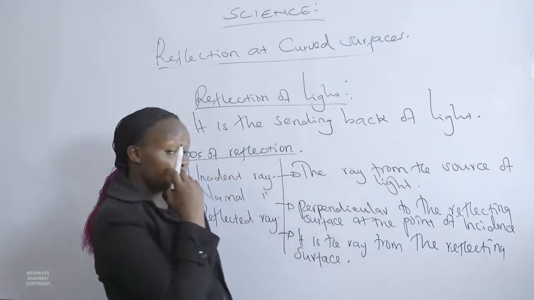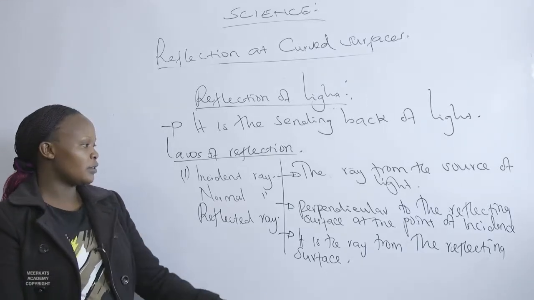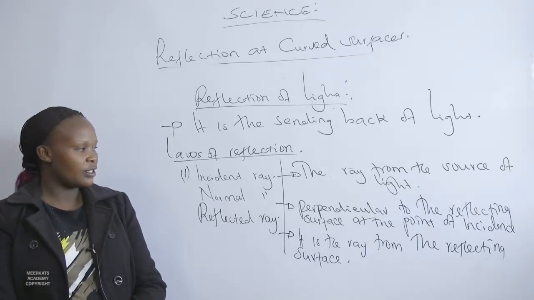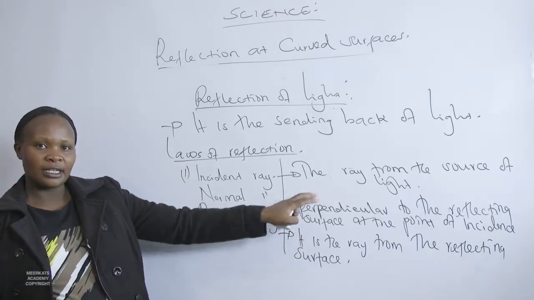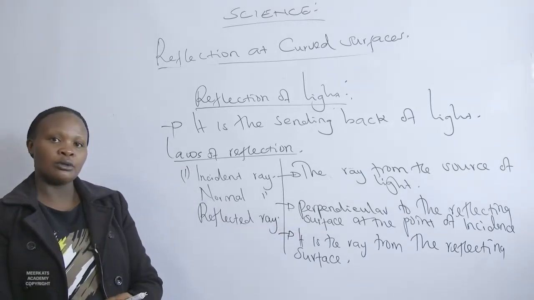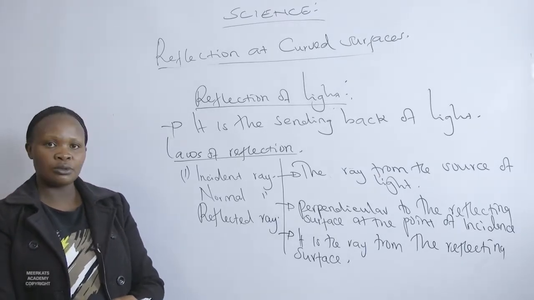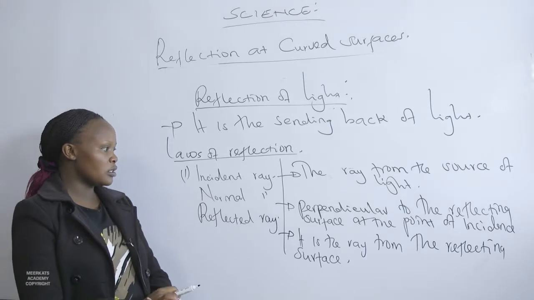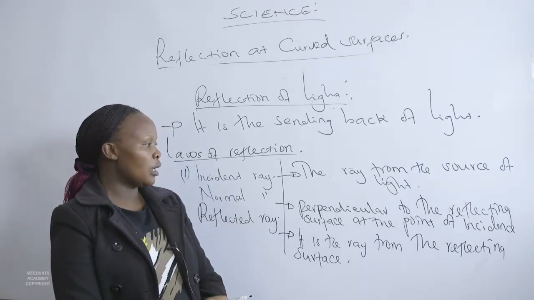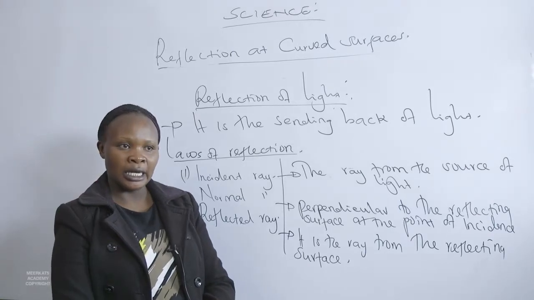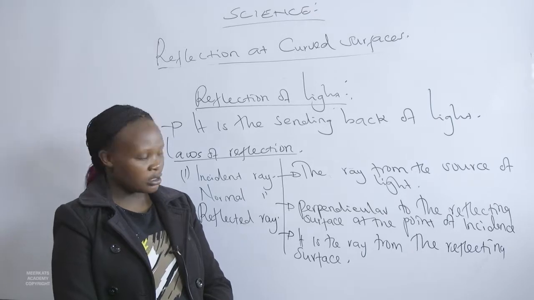In this case, we took our plane mirror to be our reflecting surface. We have these three rays. One is a ray that comes from the source and which we want to see how it's going to behave when it falls on our reflecting surface. We have the normal, which we draw perpendicular to the reflecting surface at the point of incidence.